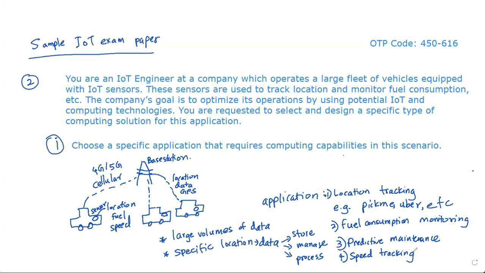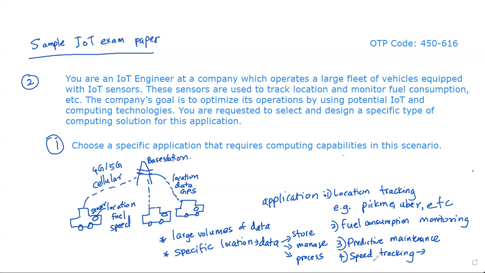And another thing we can do is monitor the speed of the vehicles, speed tracking of the vehicles, right? This is also another application that we can use in this IoT network, because this is also important.